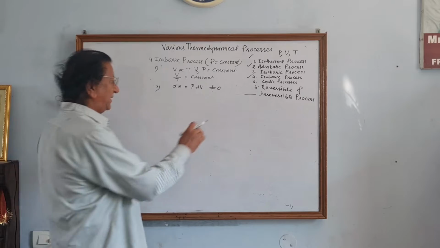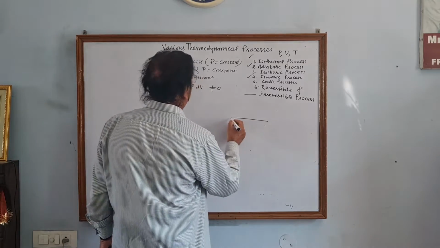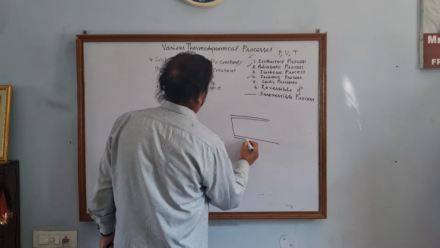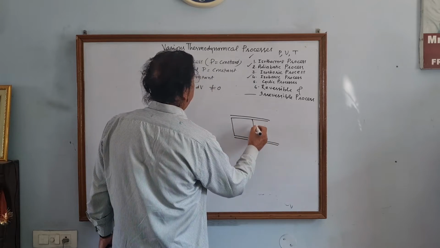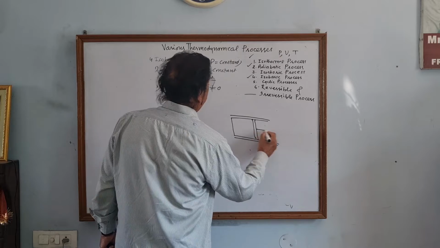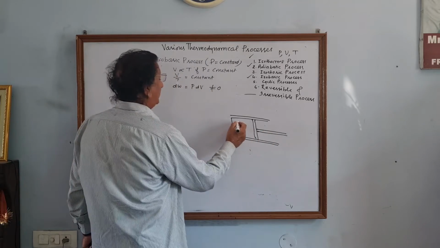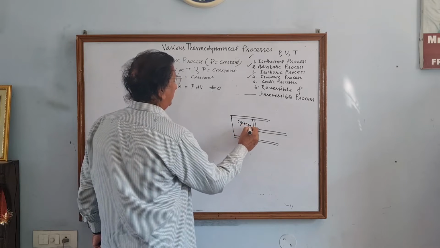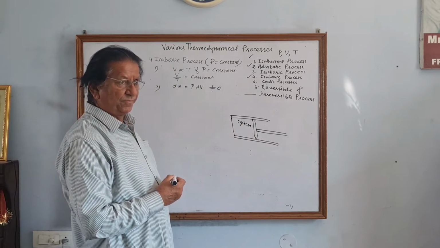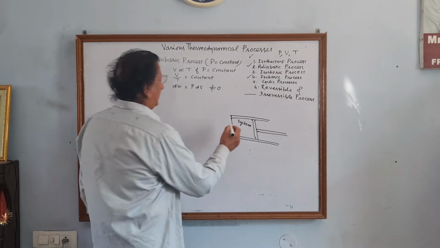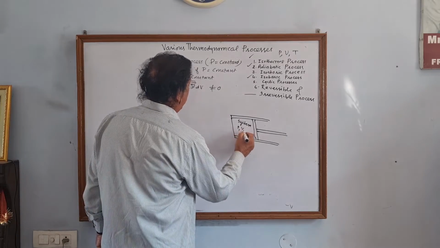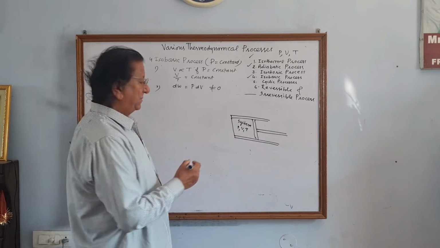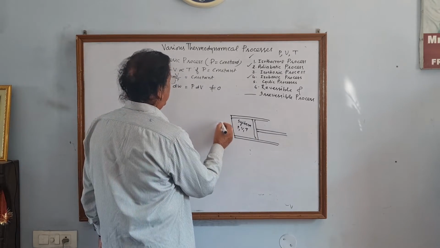If you take a system in a cylinder, let us say this is the cylinder, fitted with a piston. Then there is a piston rod. Here there is a system. Let us suppose the system is an ideal gas. It has its parameters P, V and T. You supply a certain amount of heat.